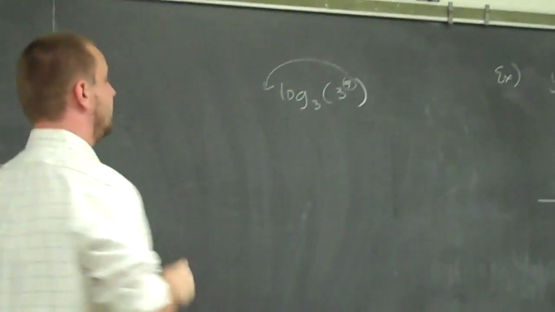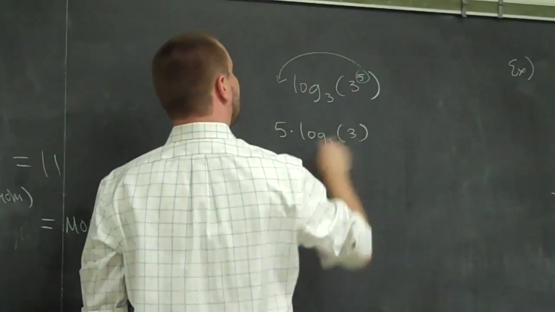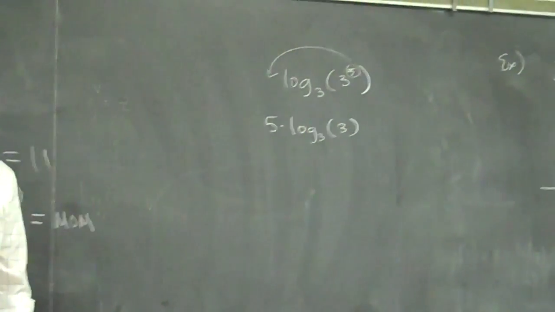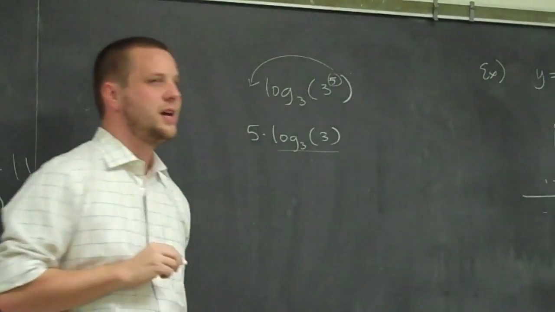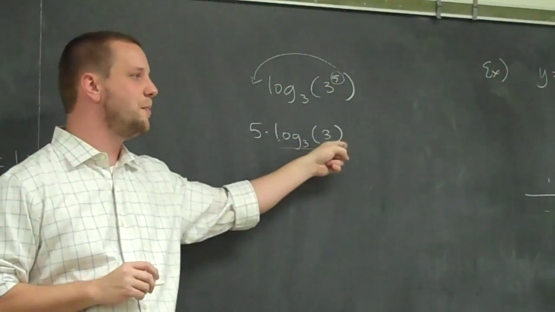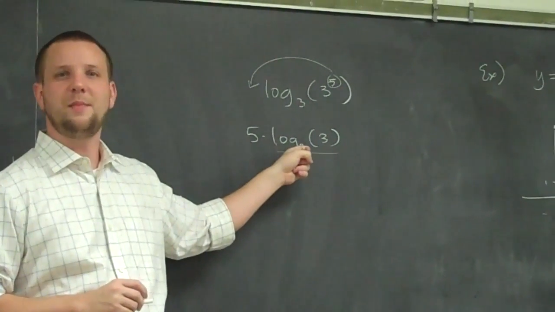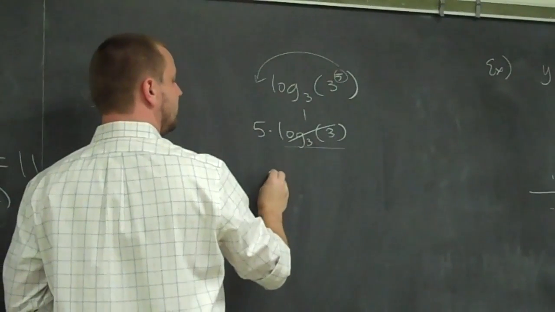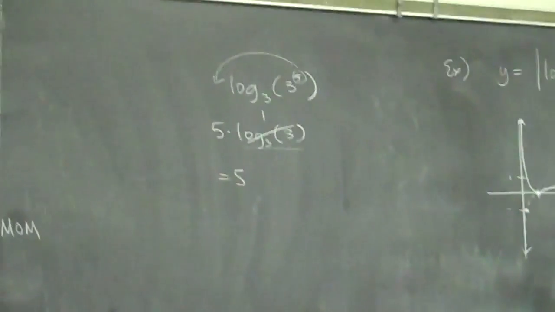So this is 5 times the log base 3 of 3. That was a big one. You need to know that. But then we had another minor property that said, what happens if I take the log base b of the same number as the base? Does anyone remember what that is? It comes out to be 1. And what's 5 times 1? 5. Same 5 we got here.